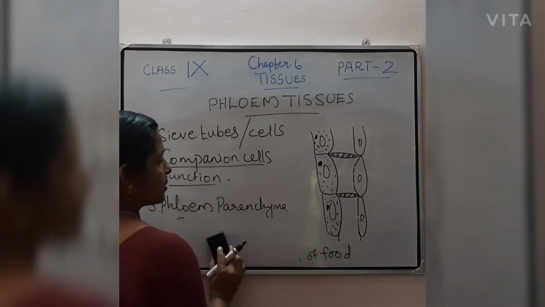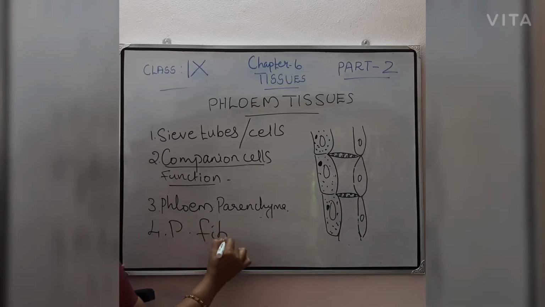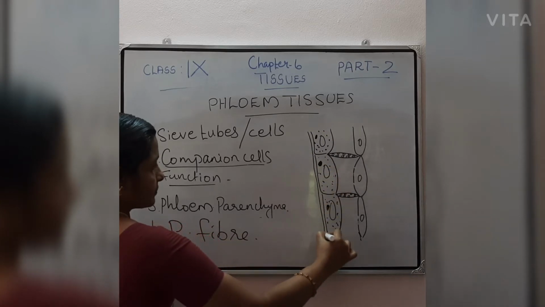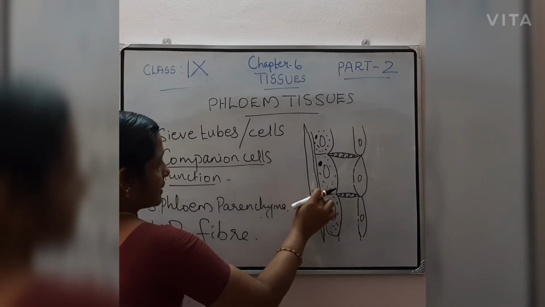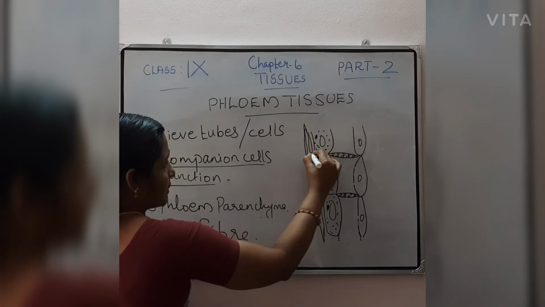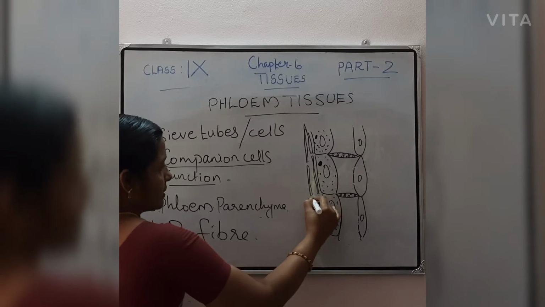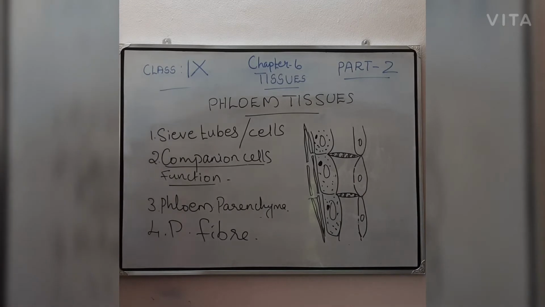And the last element of this phloem tissue is the phloem fiber. Phloem fibers are elongated cells. You can see here and there small openings. These phloem fibers are elongated with a thick wall.